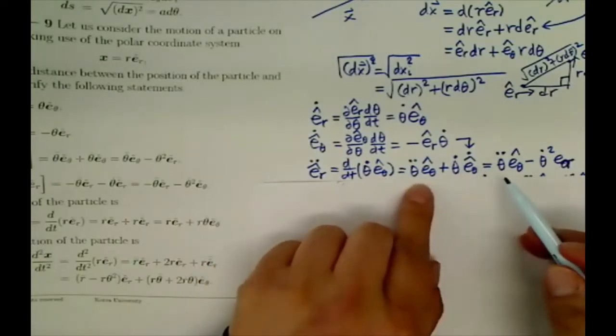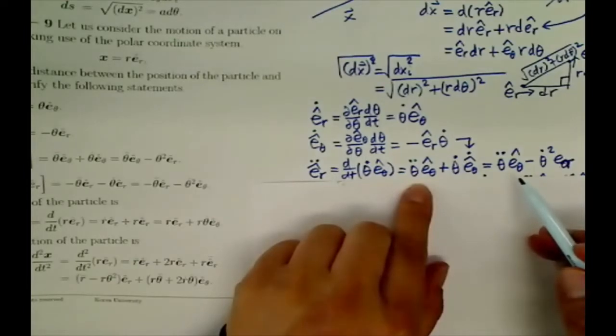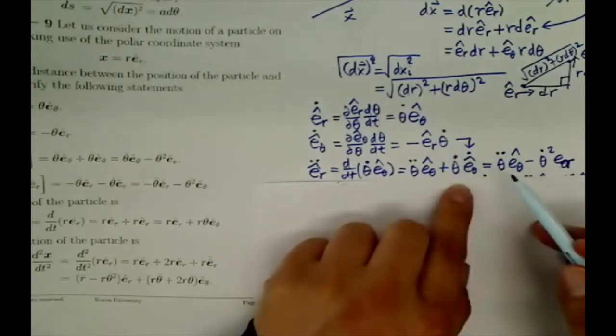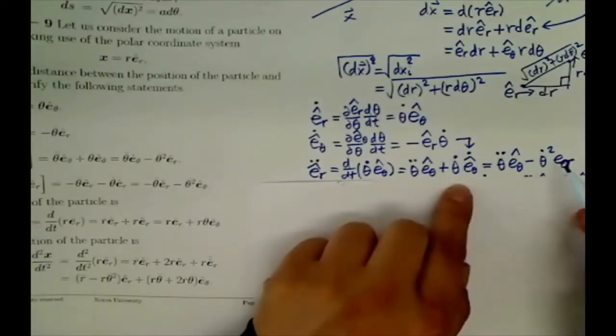You copy this first contribution, angular acceleration along the angle direction, and then theta dot is multiplied here, so minus theta dot squared e_r hat will be obtained.